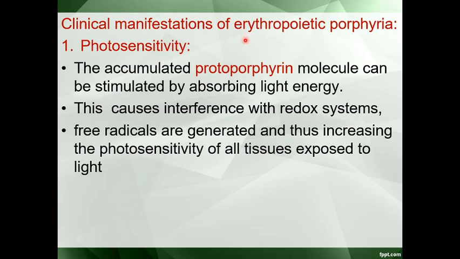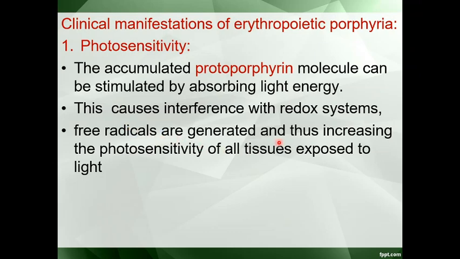What are the clinical aspects? Photosensitivity. The accumulated protoporphyrin molecule can be stimulated by absorbing light energy. When light is involved, there is interference with the redox system, the electron transport system.